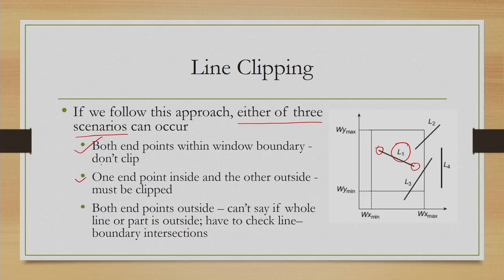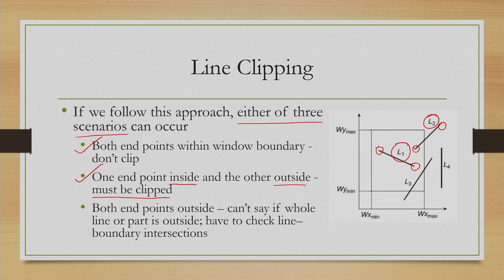In the second case, one endpoint is inside and the other endpoint is outside. Consider L2. Here this endpoint is inside and this endpoint is outside. So, in that case it has to be clipped.